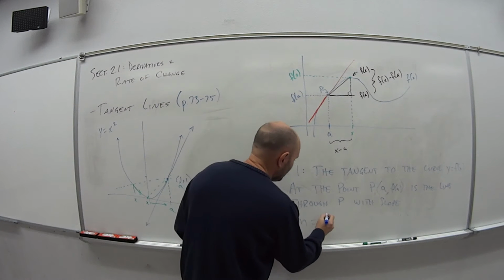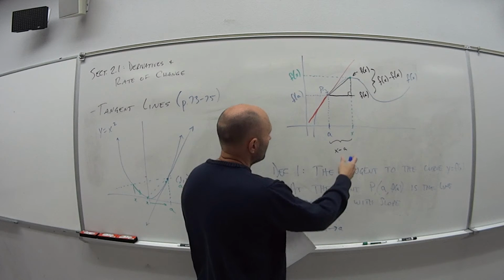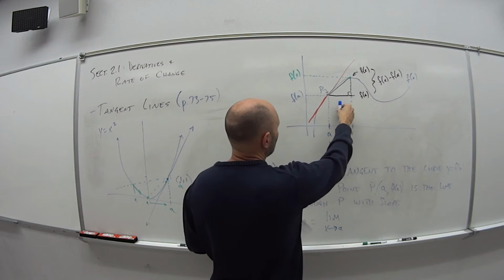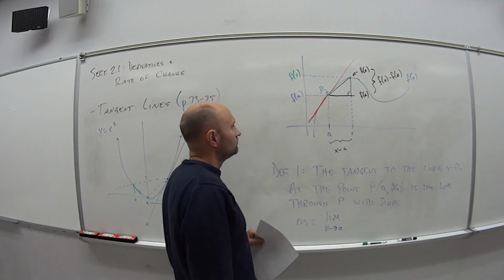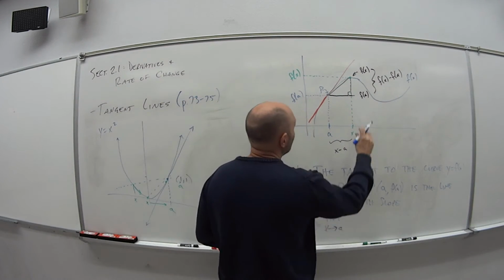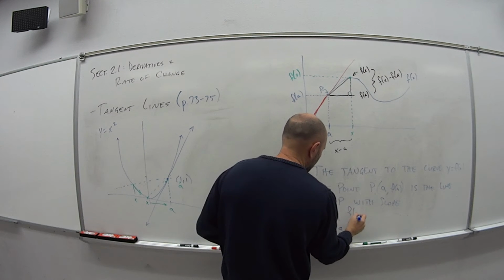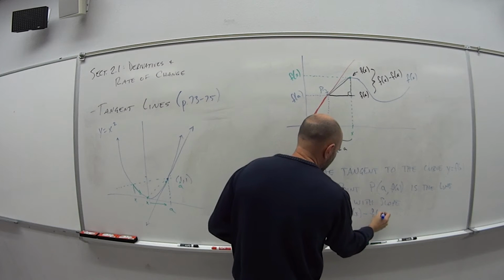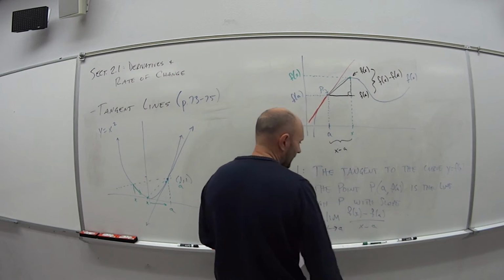So m is the limit as x approaches a. So as x moves closer and closer to a, and this height in the run becomes almost 0, the formula is what? Well, it's the rise over run. So f of x minus f of a all over x minus a.